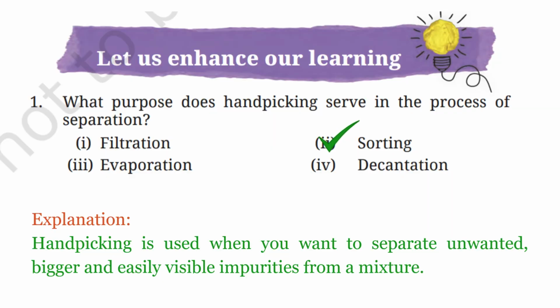Because handpicking is used when you want to separate unwanted, bigger, and easily visible impurities from a mixture, right? The process involves sorting the components by hand based on their size, shape, or appearance. That is why handpicking is a method of sorting, not filtration, not evaporation, or decantation.